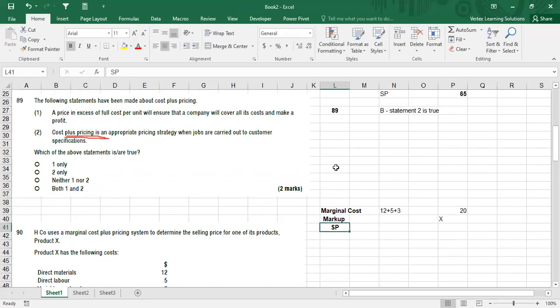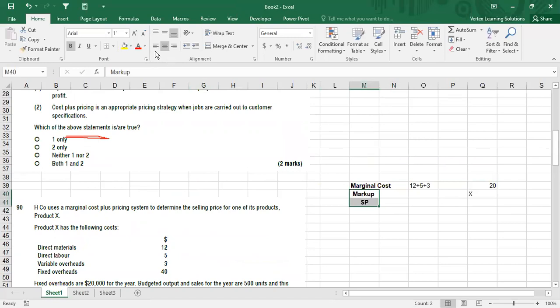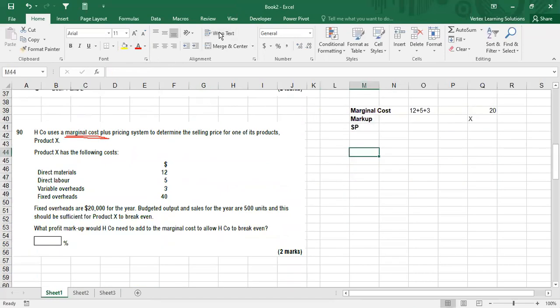Now, what we usually should be doing in this question, always remember that you should never think about fixed cost per unit. This is a very dangerous thing, because how is fixed overhead per unit calculated? It is based on your fixed overheads divided by whatever output is there.